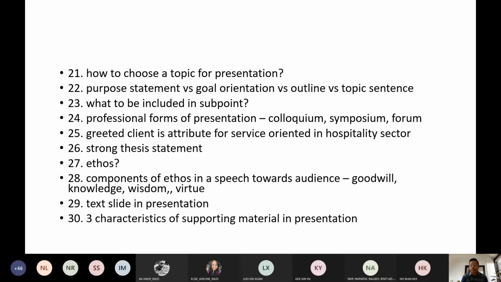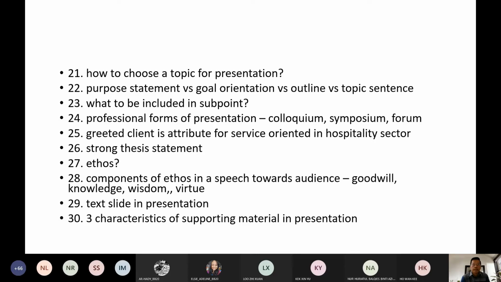So basically, when you prepare a speech for presentation, you must have the general idea or main point, and then to support that main point, you have sub-points. So you must know the role of sub-points, and the professional forms of presentation, if you remember: colloquium, symposium, forum, conference, and so on.